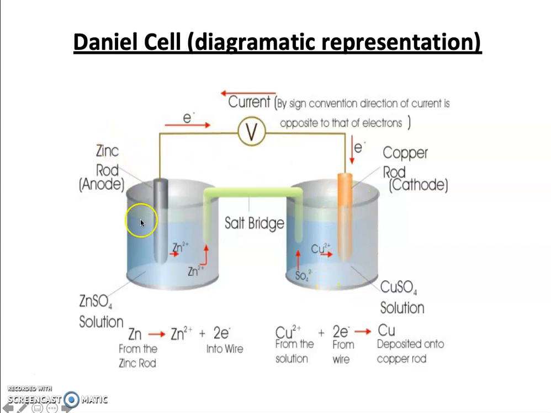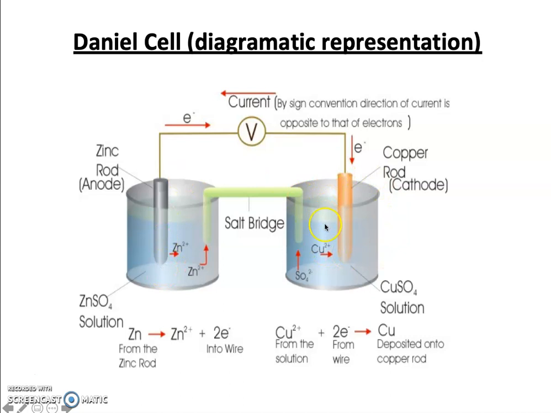So the zinc is dissolved in the zinc sulfate solution, and in this arrangement the electrons are flowing out of the electrode and through the conducting medium that is connected, and it flows to the cathode, and the zinc ions start depositing in the solution.